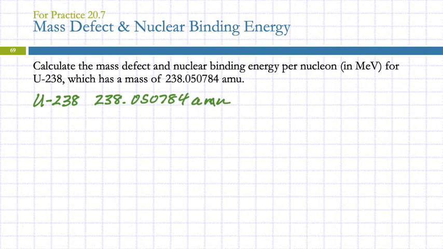So uranium-238, uranium is element 92, right? So 238 minus 92 is 146. So we have 146 neutrons and 92 protons.